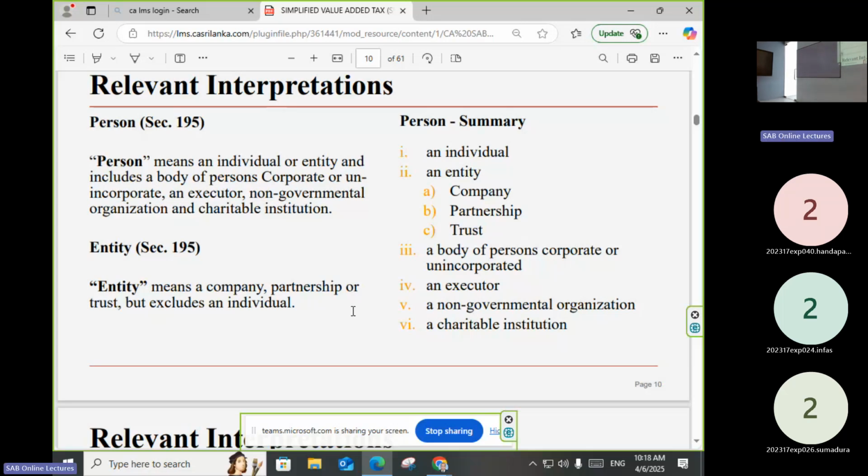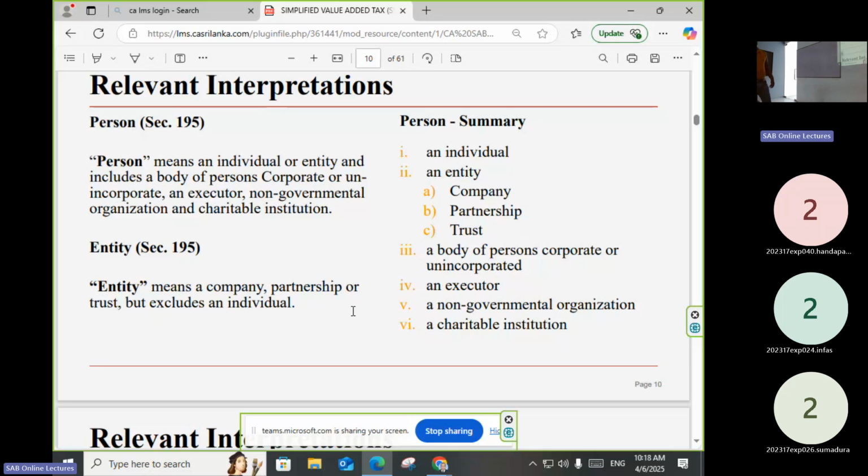Why? They do enhancement of knowledge. Therefore, they also claim that we are a charitable institution and not liable for tax. But if the charitable institution has taxable income or receives final withholding amounts, they are liable for tax. That's the meaning.